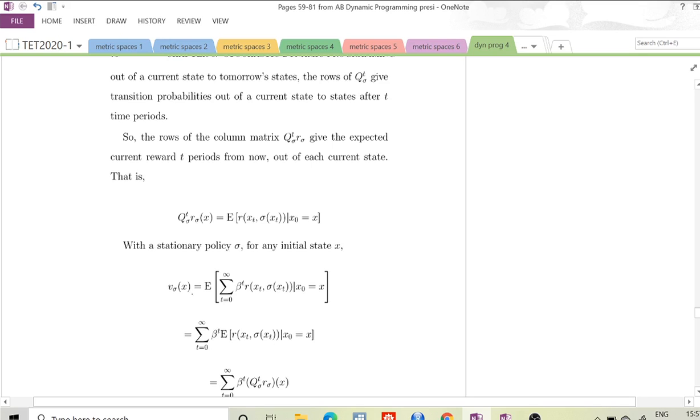the expected discounted present value under that sigma starting at state x is given by this, right? And we said that the interpretation of this should be that any strategy sigma, and here a stationary strategy, induces a probability distribution on the terminal histories, on the infinite histories, right?